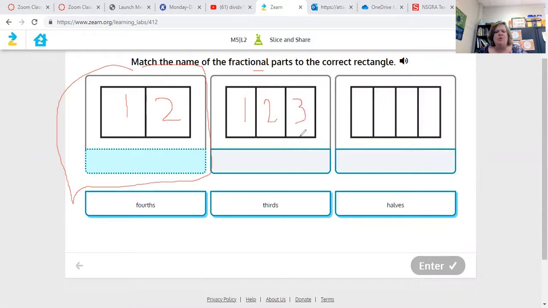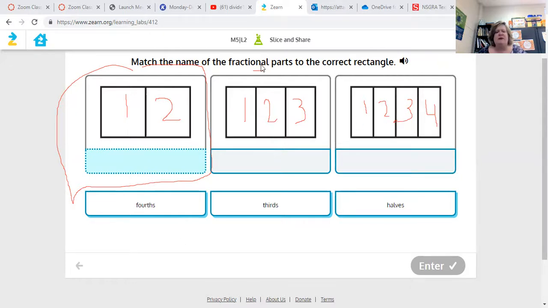And you can see that all the parts are cut so that they're equal. They're the same size for each piece. And here we have 1, 2, 3, 4. 4 equal parts. So when we're looking at fractions, we're talking about, again, parts of the whole. So this would be 2 parts of a whole, 3 parts of the whole, or 4 parts of a whole.